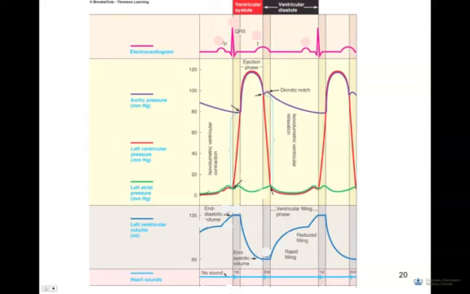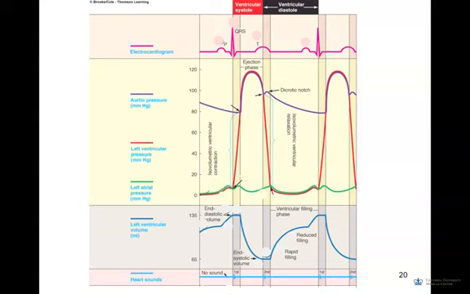There is a version of this chart in the Sherwood textbook that has a lot of numbers attached to these different events. I've simply covered it up so that what we're looking at is a little less busy and we don't get distracted by all of these different labels. We're going to talk about the cardiac cycle step by step.